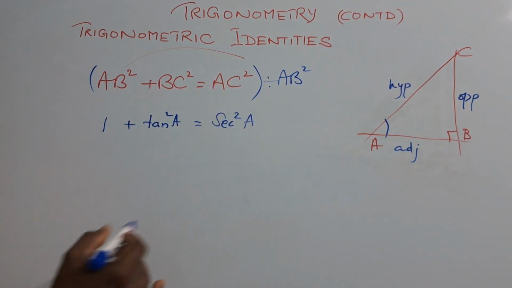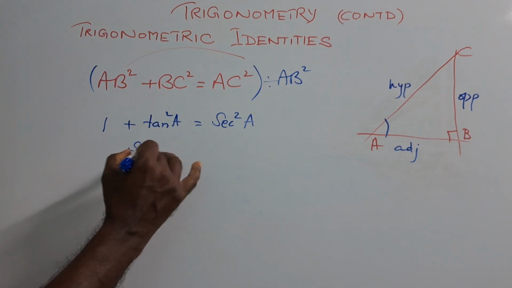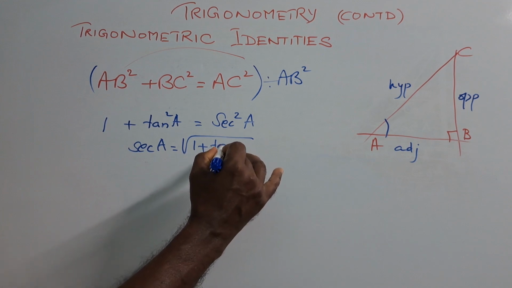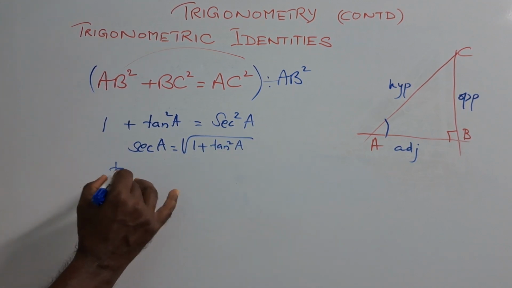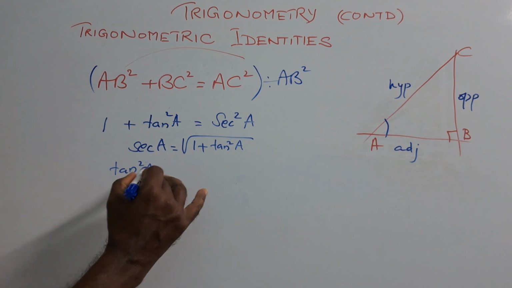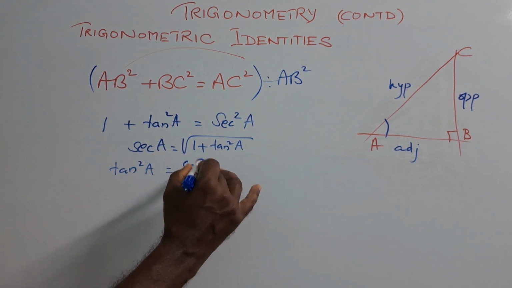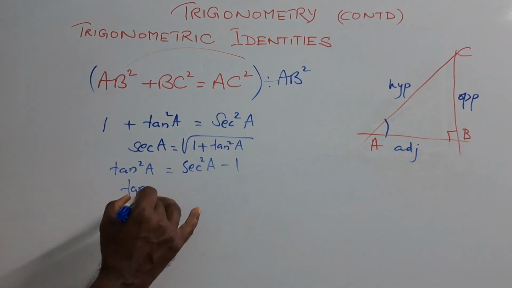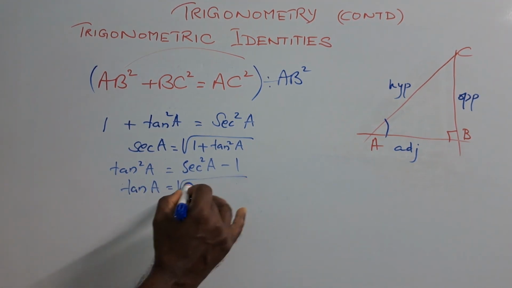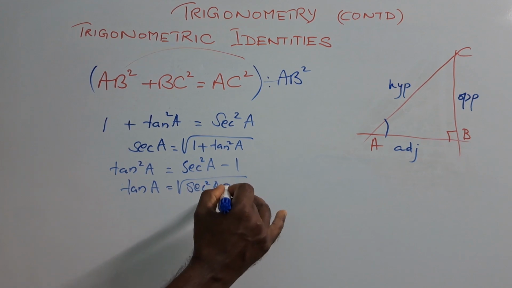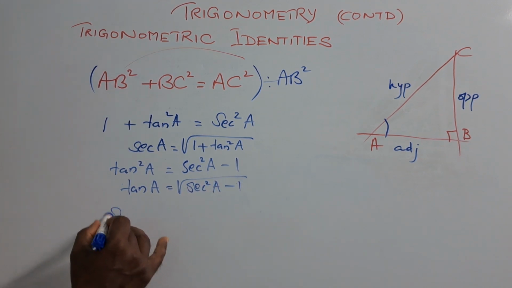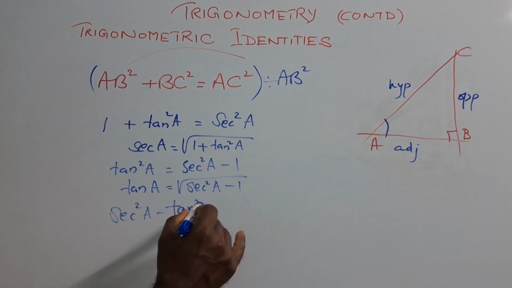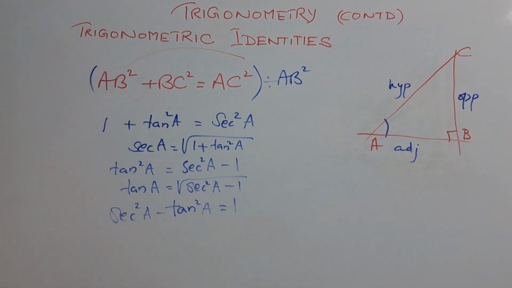From this equation, we can find that sec A is equal to root of 1 plus tan square A. Tan square A is equal to sec square A minus 1, and tan A equals root of sec square A minus 1, and sec square A minus tan square A equals 1.